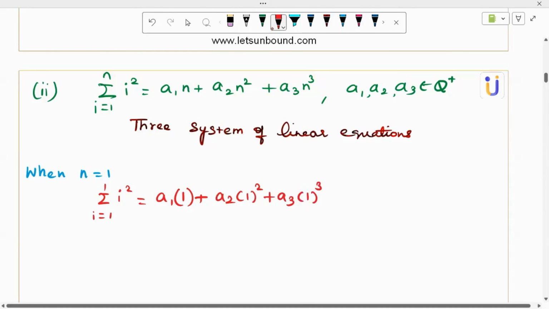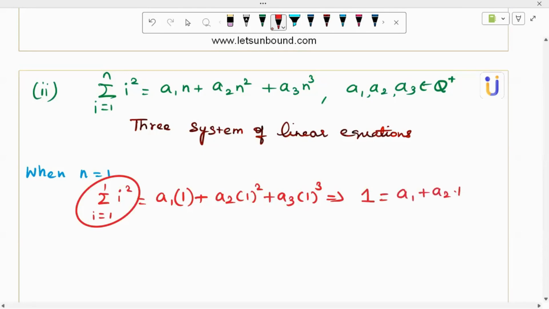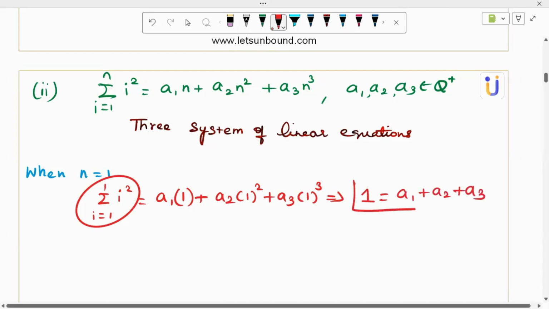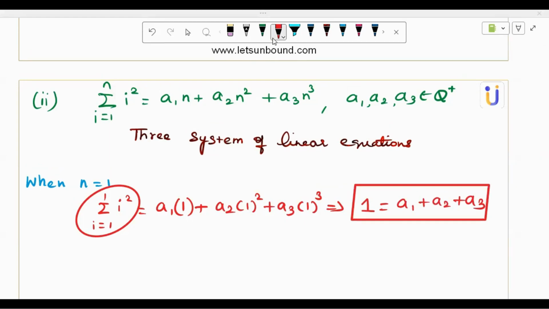What is sigma i equals 1 to 1 i square? It's just 1 square, right? 1 square is 1, equals a1 plus a2 plus a3. This is the simplest one we got here when n is equal to 1.